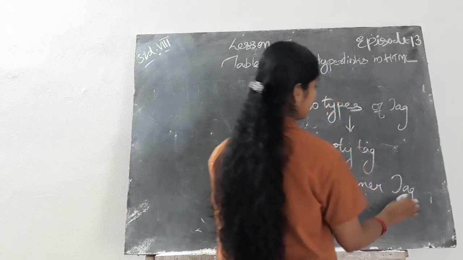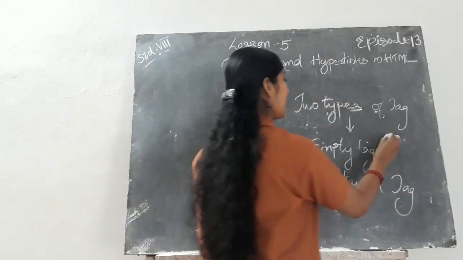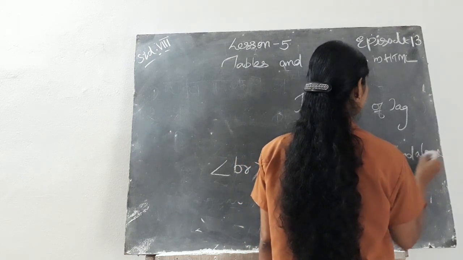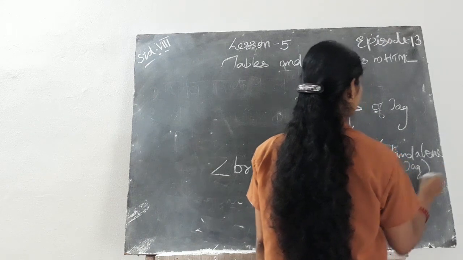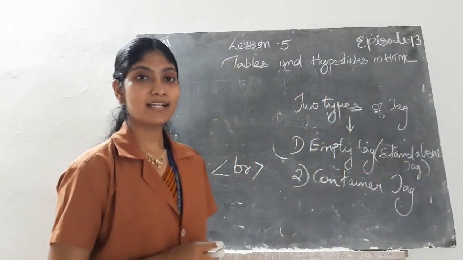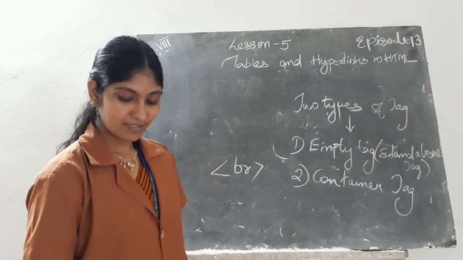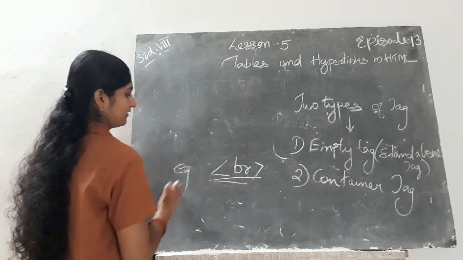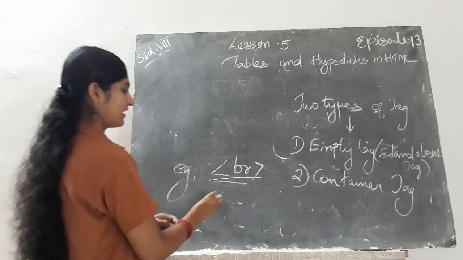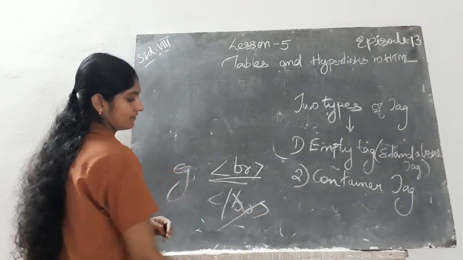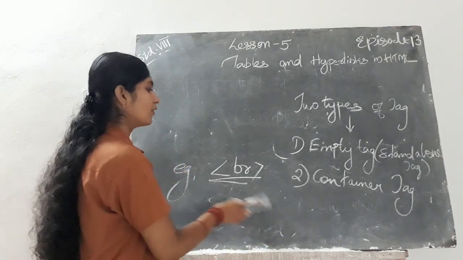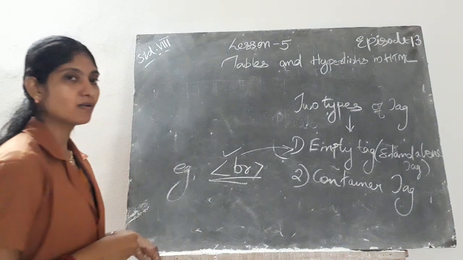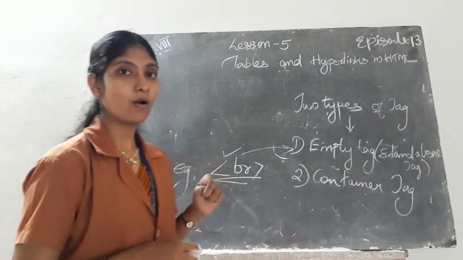Empty tag is also called a standalone tag. An empty tag does not contain an end tag. For example, the BR tag is an example of an empty tag. That means there is no ending tag like this. It has only an opening tag. So that type of tag is known as an empty tag. We can also say it is a standalone tag.